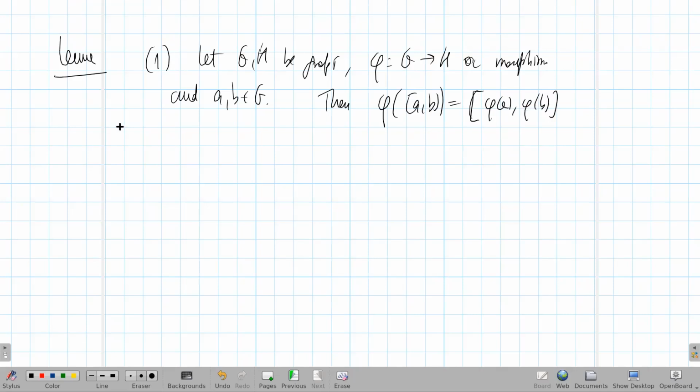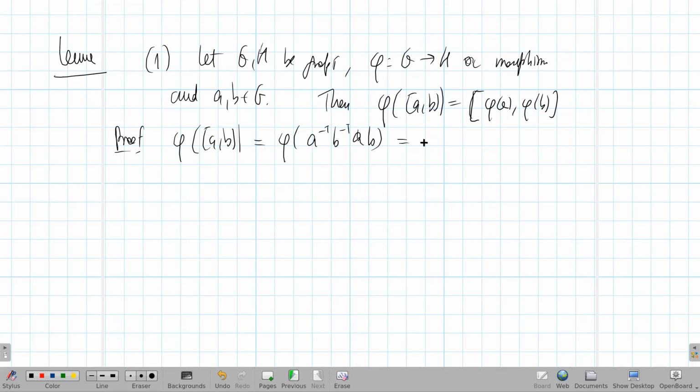Well, okay, I'll state and prove things one by one. The reason is very simple, because when you apply a morphism to a commutator, the commutator is built up by products and inverses. And a morphism, by definition, preserves products, and then we proved already in the algebra courses that it preserves inverses.